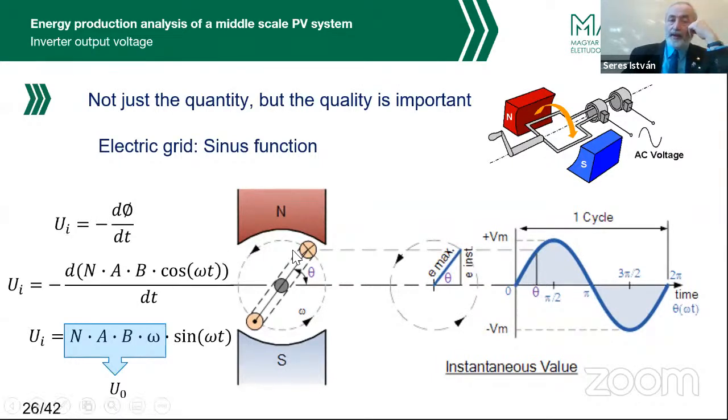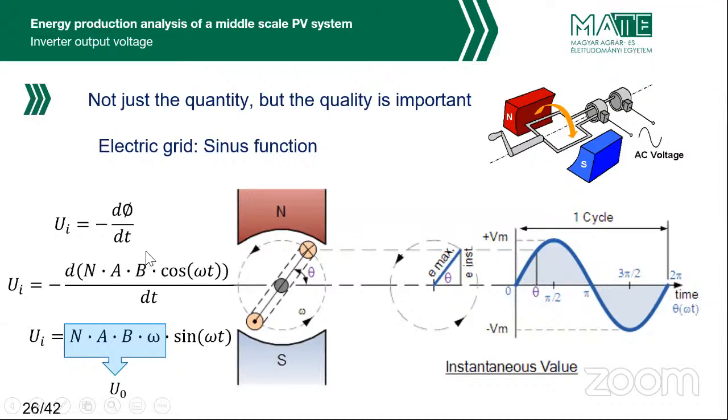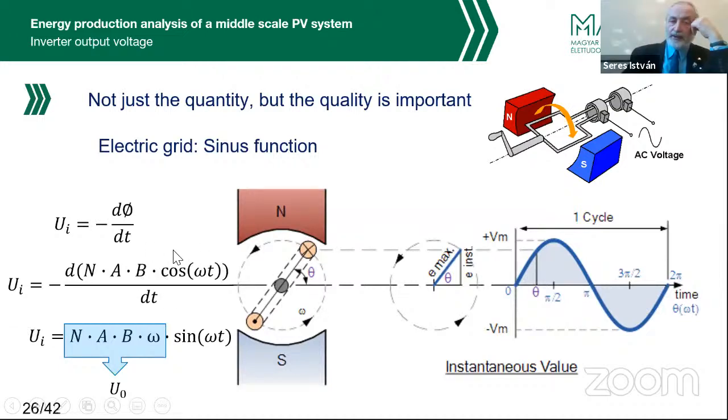But in the flux, the angle of the magnetic field and the angle of the coil is important, and this angle is changing continuously. Actually, the surface component perpendicular to the magnetic field is important in this case, and it is changing as a cosine function. But if we differentiate this cosine function, then we get a sine.